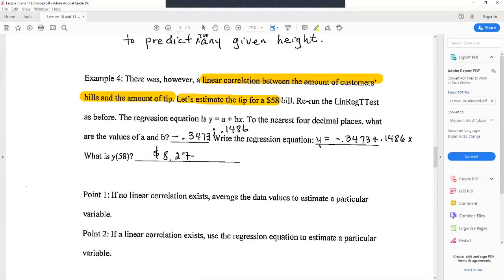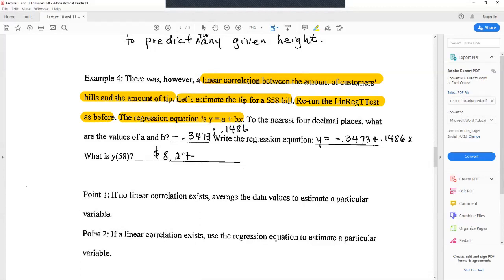So let's estimate the tip for a $58 bill. Let's rerun the linear regression t-test as before. And this time, if you look on the calculator, near the top, it will tell you that the regression equation is y is equal to a plus bx.